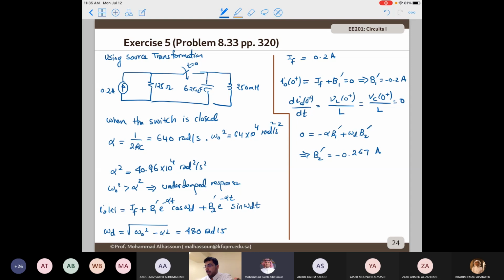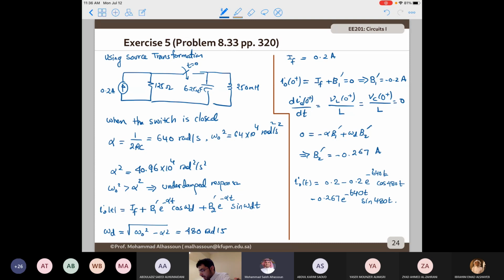So you can find the expression for the current. It's going to be the final value 0.2 minus 0.2 e to the power minus 640t cosine 480t, minus 0.267 e to the power minus 640t sine 480t.